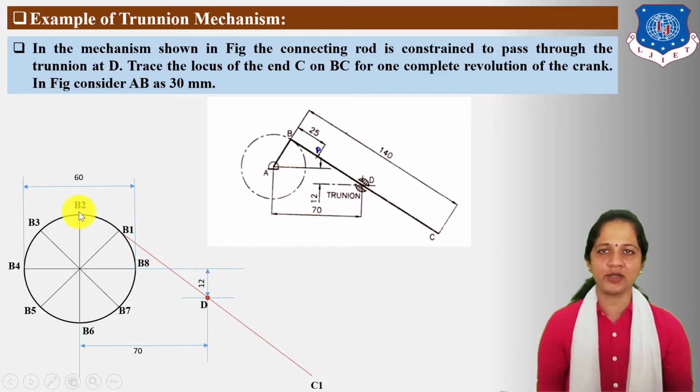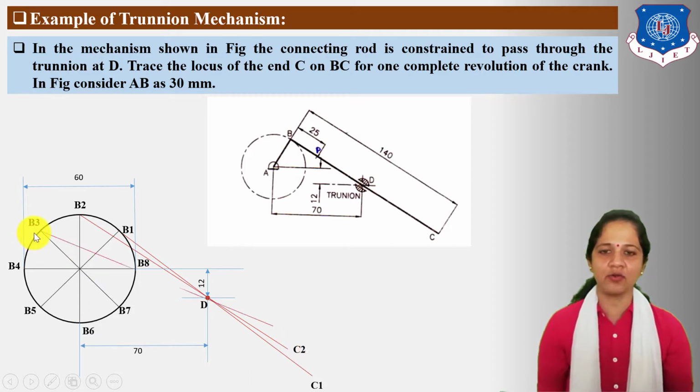For C2 point location, connect B2 D point, take total length is 14 cm and at end point of B2D rod, locate here C2 point.